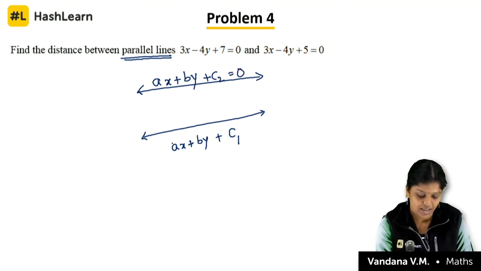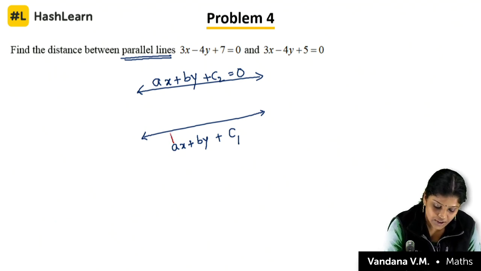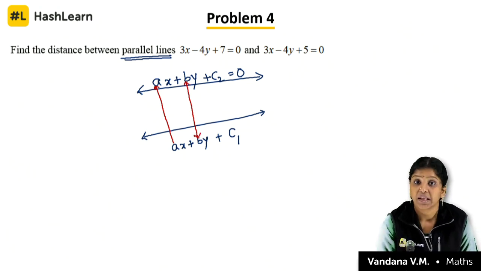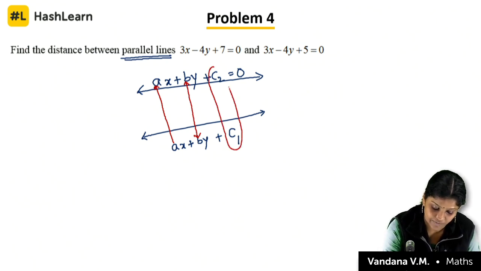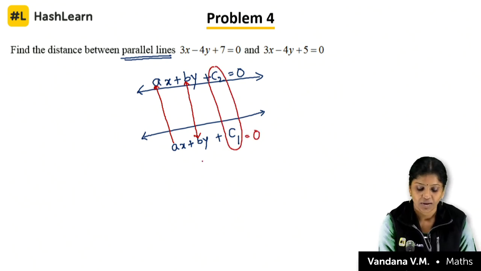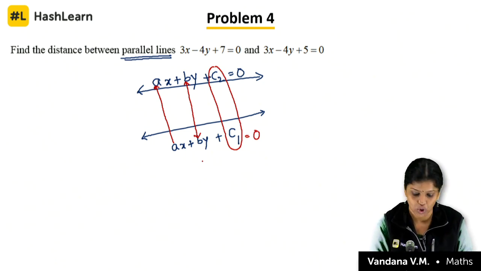When can I say the lines are parallel? By seeing the equation. Sometimes they will not say also. The x coefficient and y coefficient must be same. The parallel lines differ with the constant. X coefficient and y coefficient must be equal.